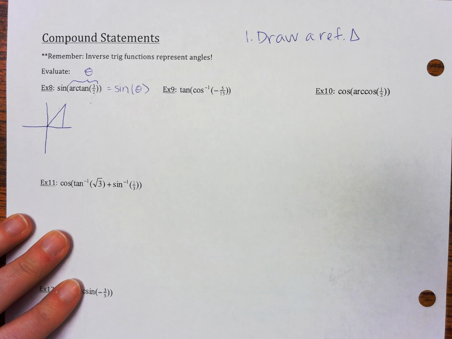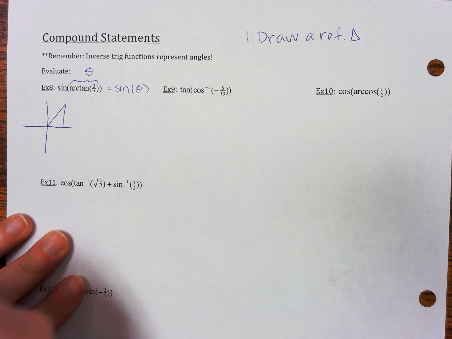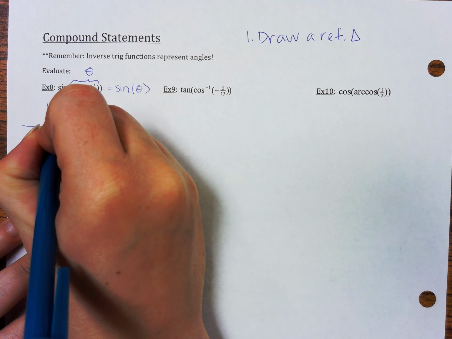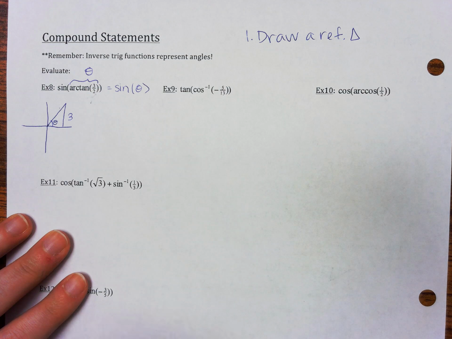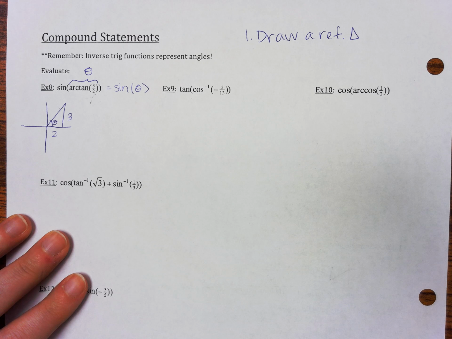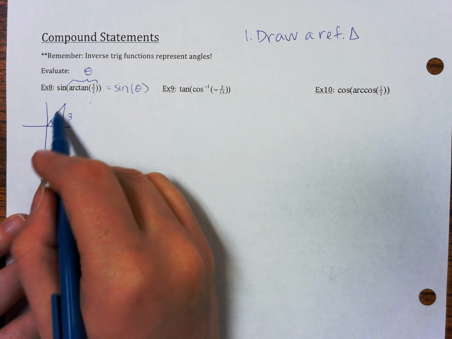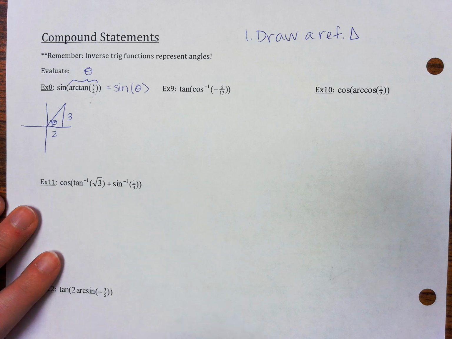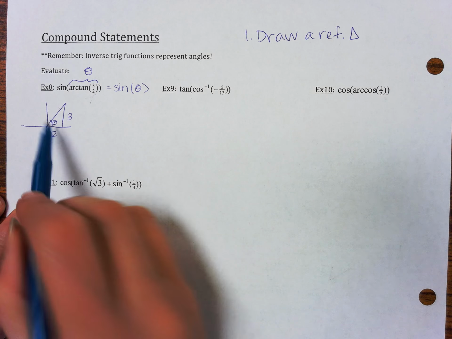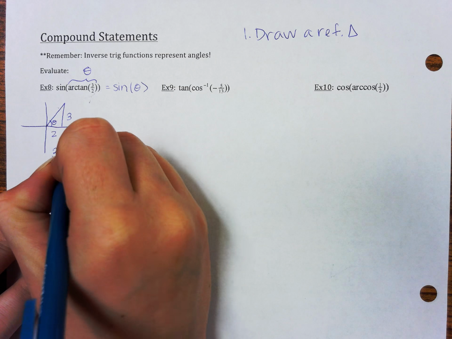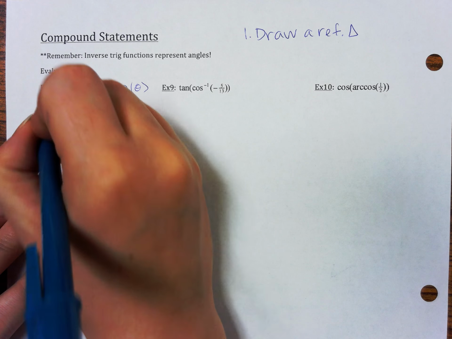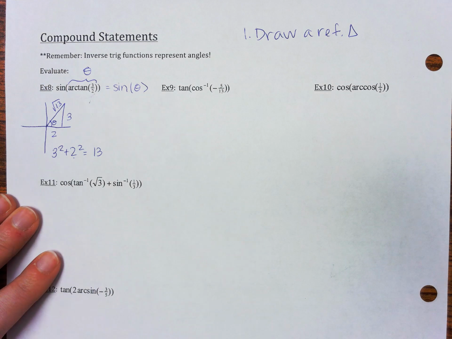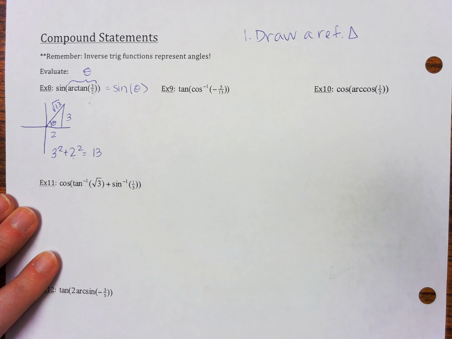We have the ratio of 3 over 2, which means our tangent value is 3 opposite over 2 adjacent. Then we find the hypotenuse, because we need it to find the sine of theta. 3 squared plus 2 squared equals 9 plus 4, which is 13, so our hypotenuse is root 13.